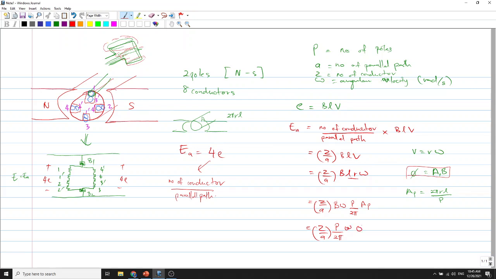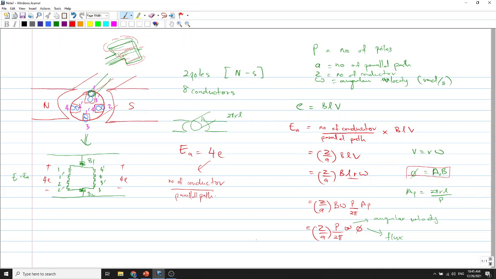omega phi. From here we can see that this one is the angular velocity, this is the flux, and the rest is the constant of the construction.